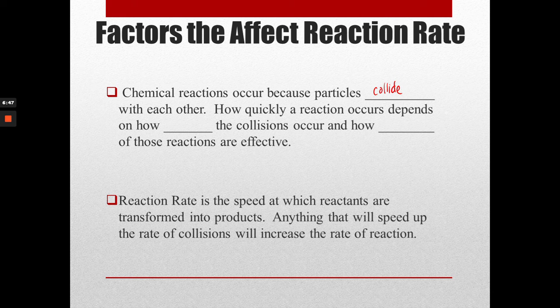And then how quickly that reaction occurs depends on how many of the collisions occur and how effective those collisions are. And when we look at how many collisions and how effective they are, we're brought to the speed of the reaction rate. So anything that speeds up the rate of collisions will also help speed up the rate of the reaction.